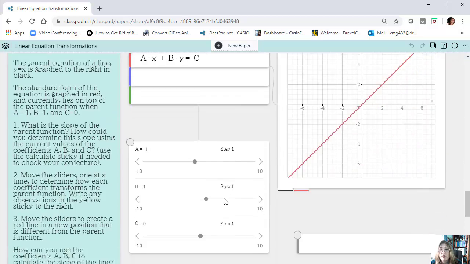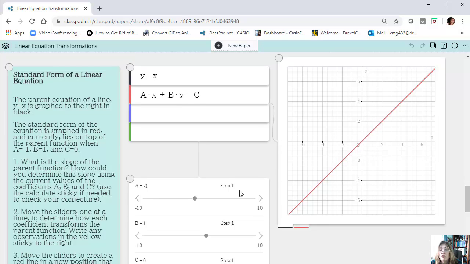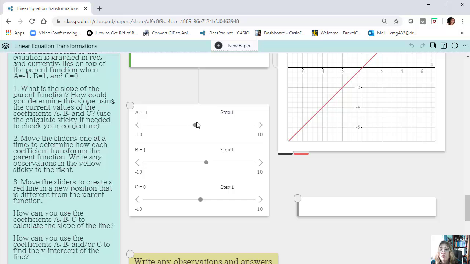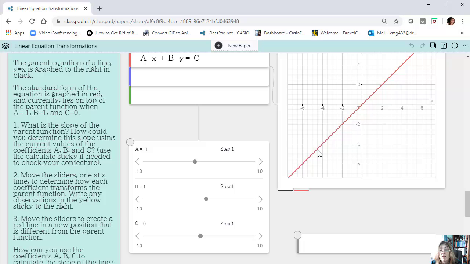And then we move down to the last activity, which is standard form of a line. So again, we have the parent function, which you can't see right now because I happen to have the standard form one on top of it. And they start out looking, okay, this is what those values are if it's exactly the same as the parent function. So how can we use this, knowing the parent function's slope is 1, how am I calculating that from these coefficients A, B, and C?